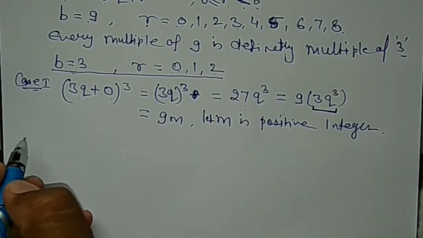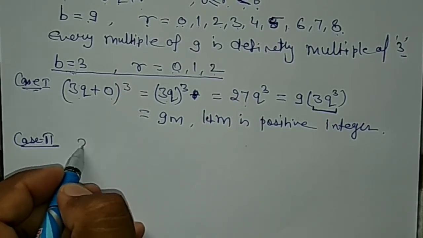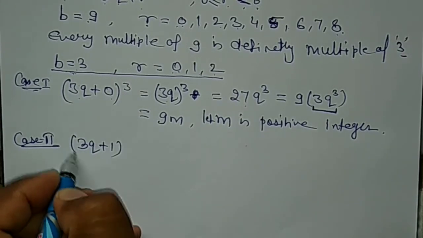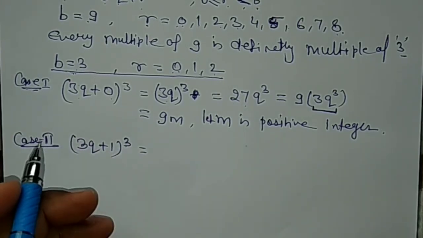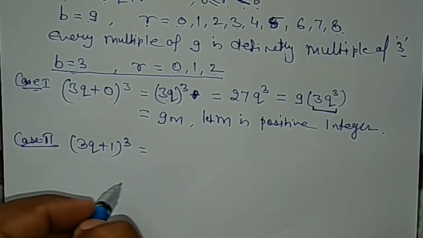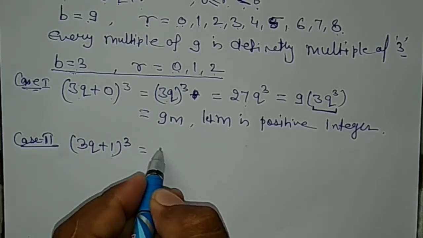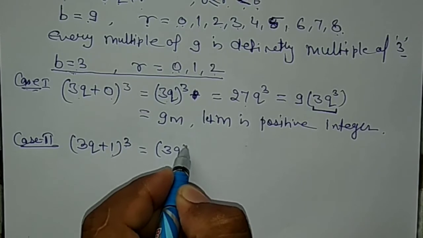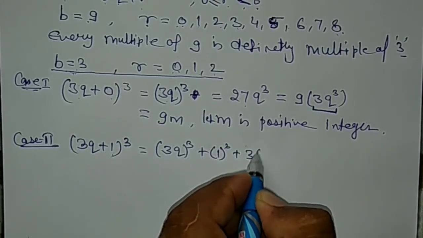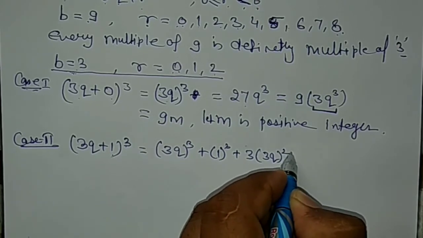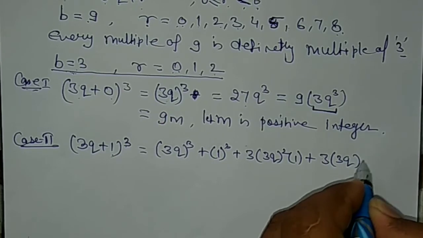Similarly, case second. Similarly we can write (3q + 1) cube. The cube of that is what we are asked. In this question, we are told that the cube of a positive integer should be considered, so I took the second case and open it: a cube plus b cube plus 3a square b plus 3ab square.